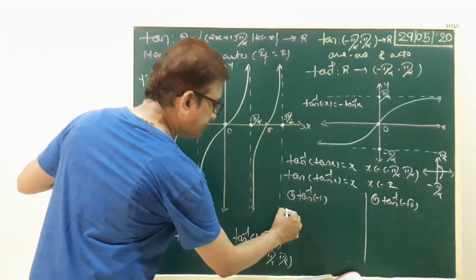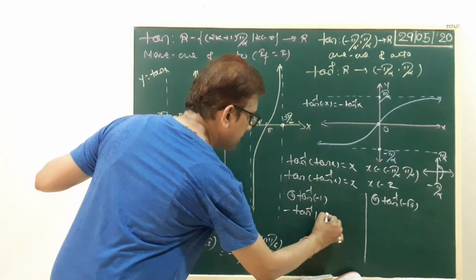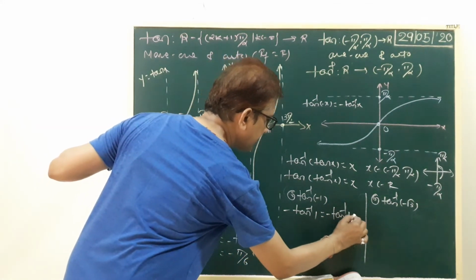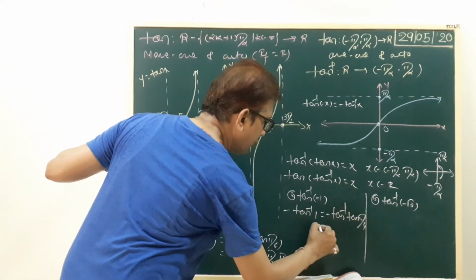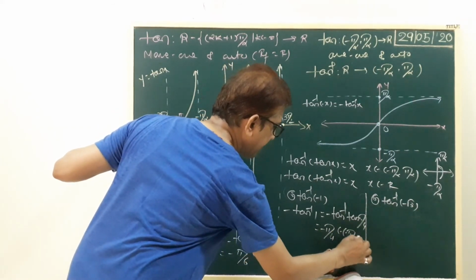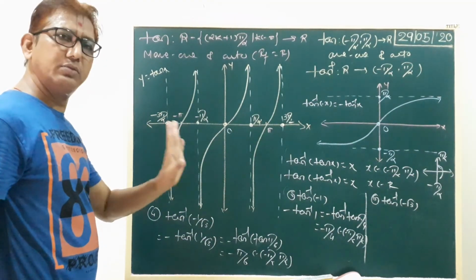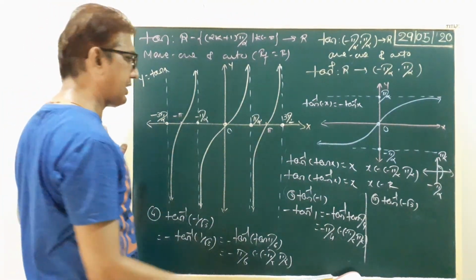Exactly the same here: minus tan inverse 1, the minus sign outside the bracket. So minus tan inverse tan pi by 4. So the answer is minus pi by 4, which belongs to the open interval minus pi by 2 to pi by 2. This is your fourth quadrant value. Is that clear? Because the function is negative.